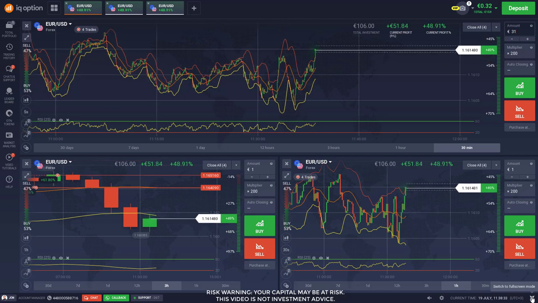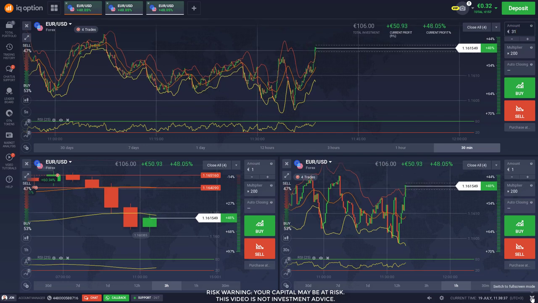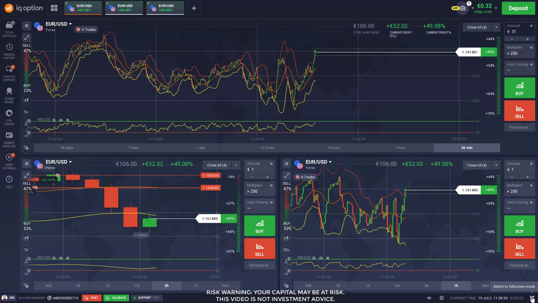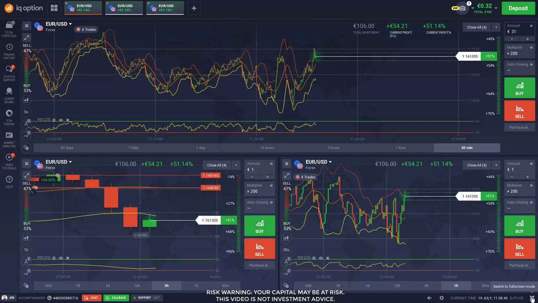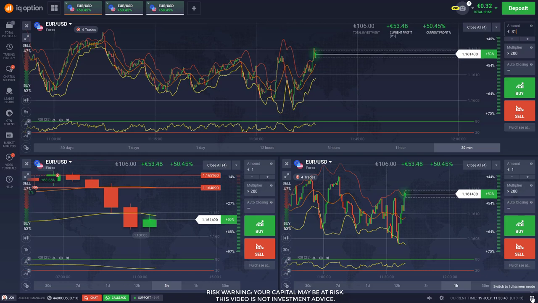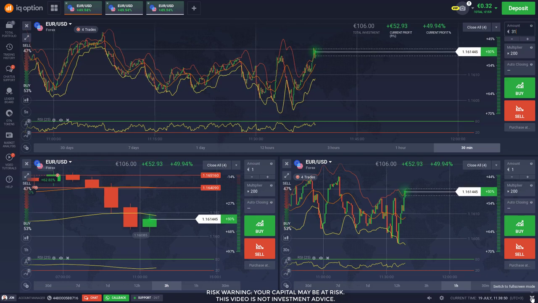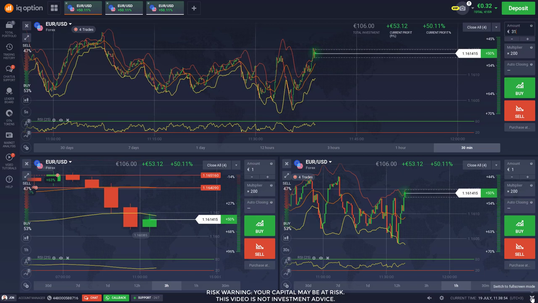So now it's still going up. Now it's around 50% to 51%. It is reaching the top limit of 5 seconds RSI.